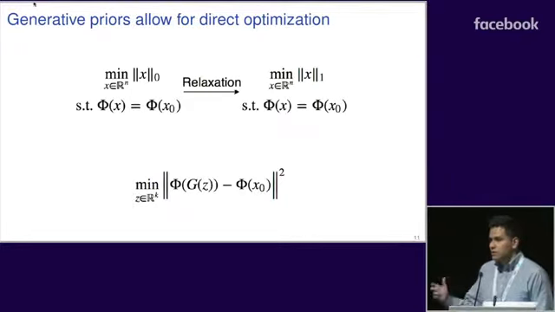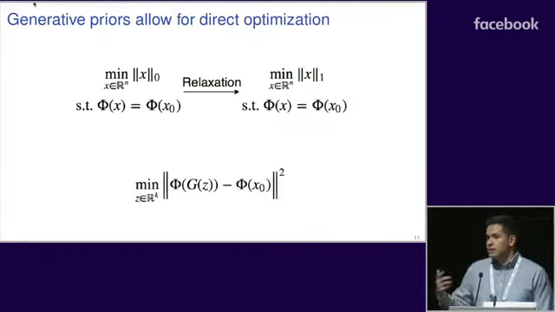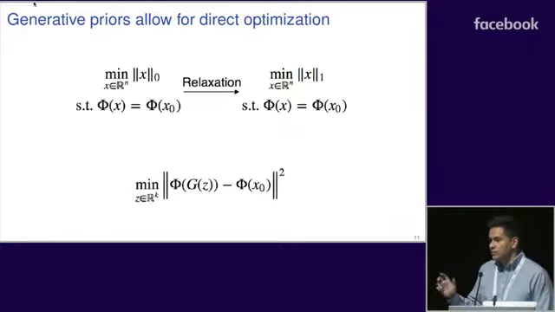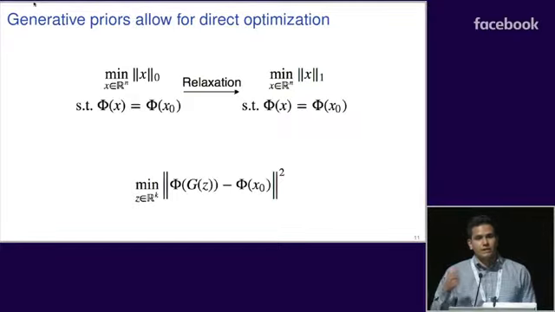And so just to draw a comparison, for sparsity-based methods, suppose we wanted to find the sparsest solution to a linear system of equations. So in this case, phi here is a matrix. And so what you could do is you could minimize the L0 norm subject to fitting your measurements. The L0 norm counts the number of non-zero entries in your vector. And due to the computational intractability of the L0 norm, you can do a convex relaxation where you instead minimize the L1 norm, which is the convex surrogate for sparsity.